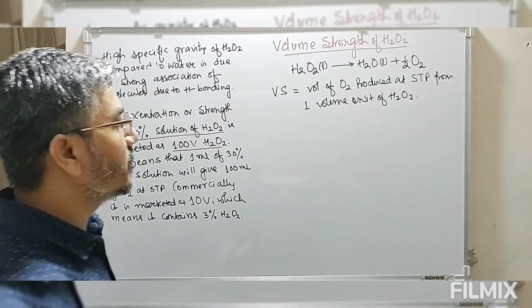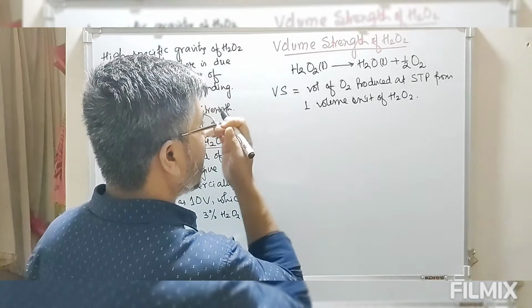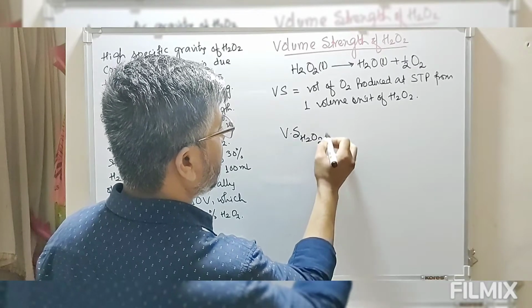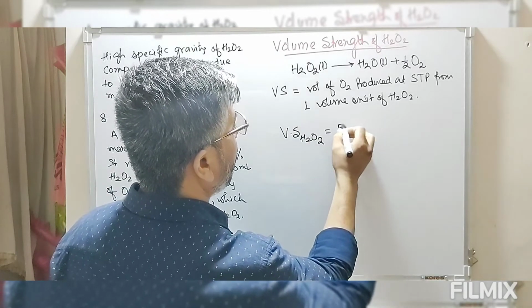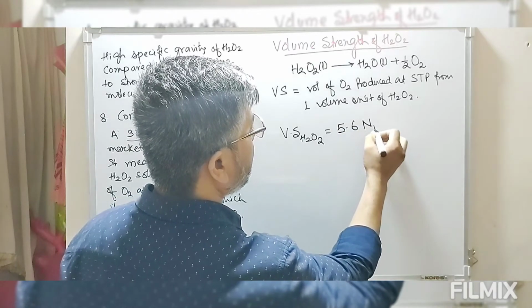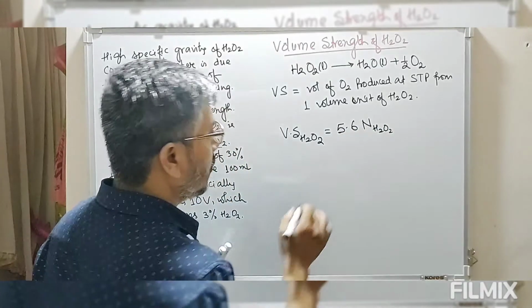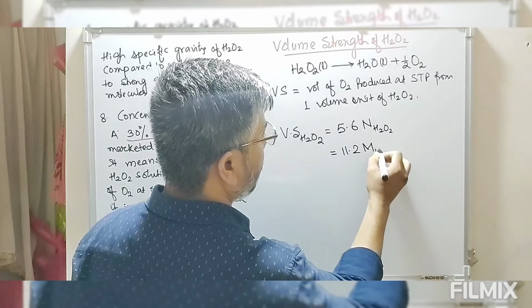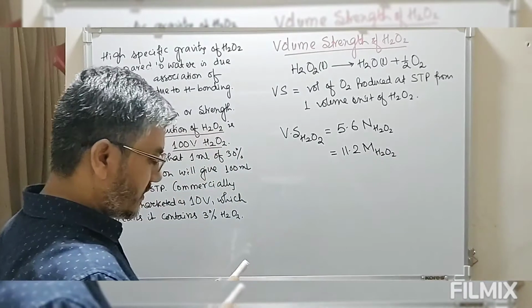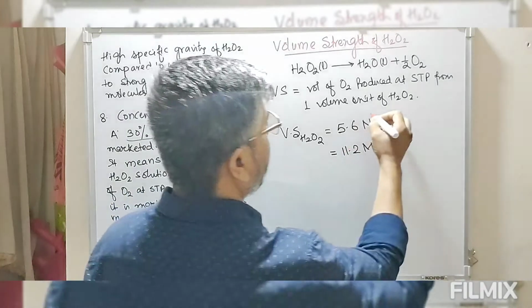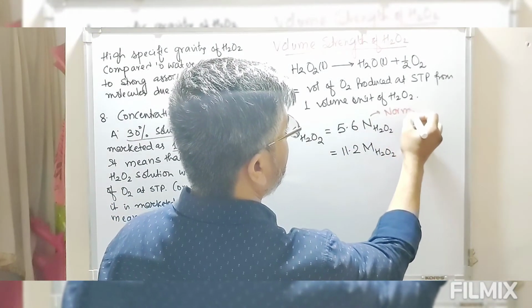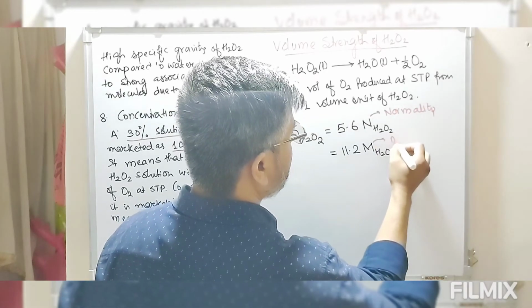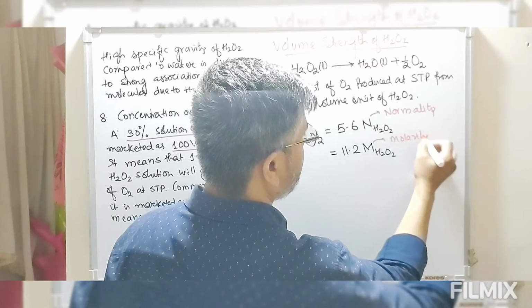So, from a numerical point of view, the volume strength of hydrogen peroxide is equal to 5.6 times the normality of hydrogen peroxide, or 11.2 times the molarity of hydrogen peroxide, where N represents normality, whereas capital M represents molarity as a unit of concentration.